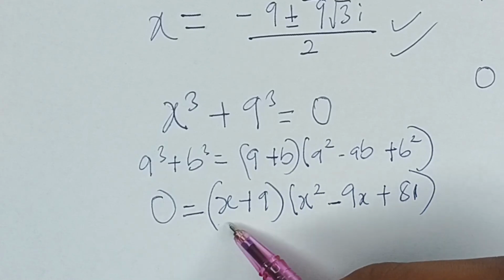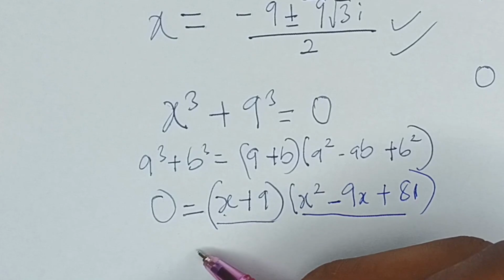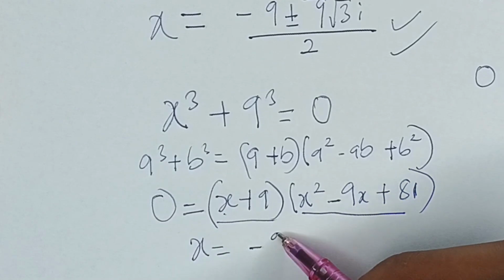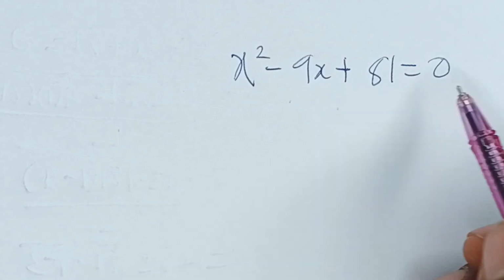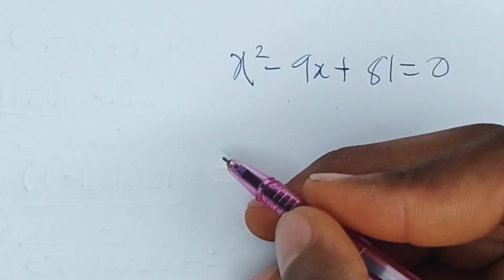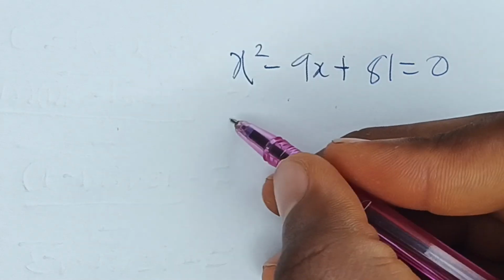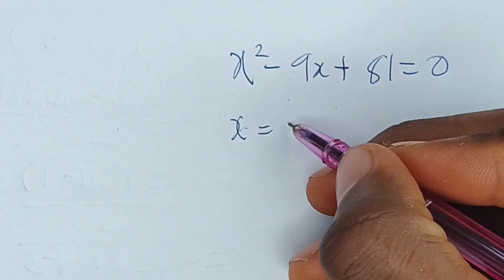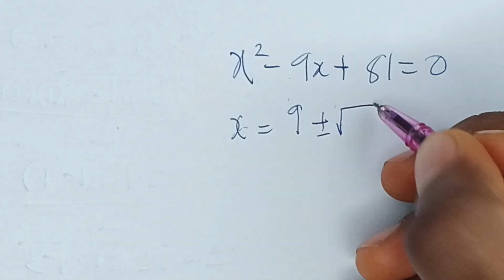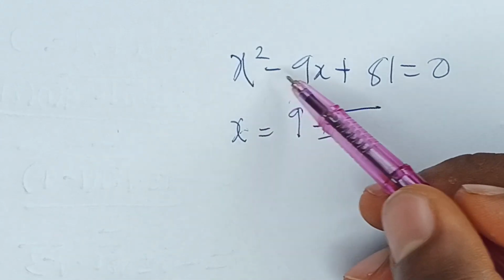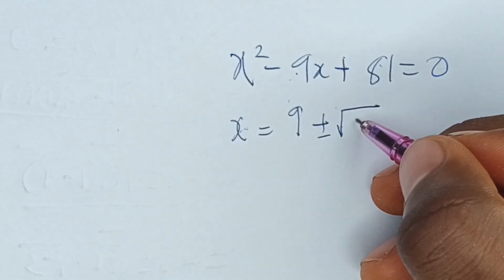Don't forget, when the product of two things is equal to 0, either the first one is equal to 0 or the second one is equal to 0. So either x plus 9 is equal to 0, implying that x is equal to negative 9, or x squared minus 9x plus 81 is equal to 0. From here, we use the quadratic formula again. So x is equal to, now minus b is 9 instead of minus 9, plus or minus the square root of 9 squared, which is 81, minus 4 times this, which gives us the same thing we had before.